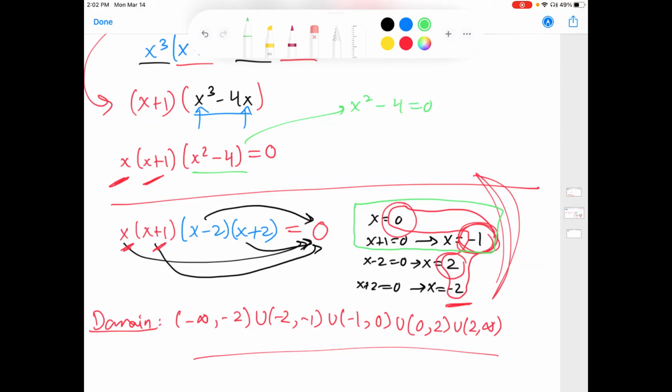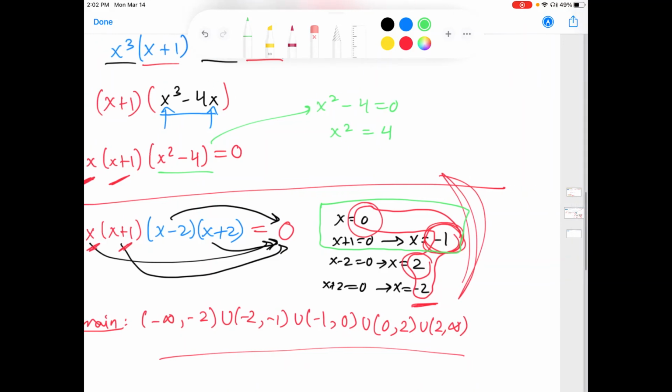Well, if you did not factor using difference of squares, you could move this over and set it as x squared equals 4. In a previous video, specifically video 1.3, I talked about solving exactly this type of quadratic equation. It seems silly, right? Because in a sense, this is one of the first equations you probably learned how to solve in algebra.